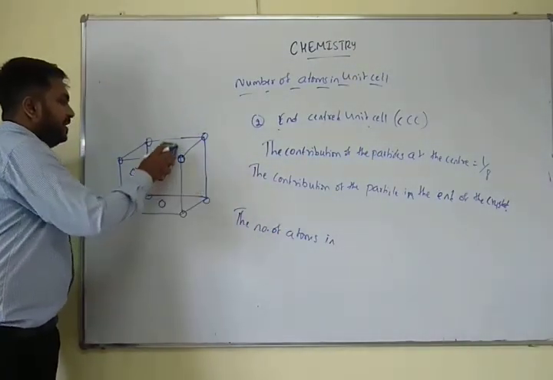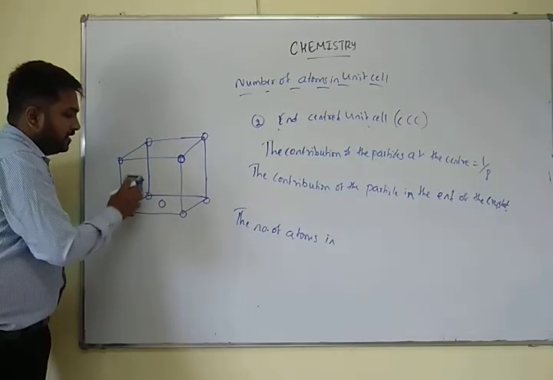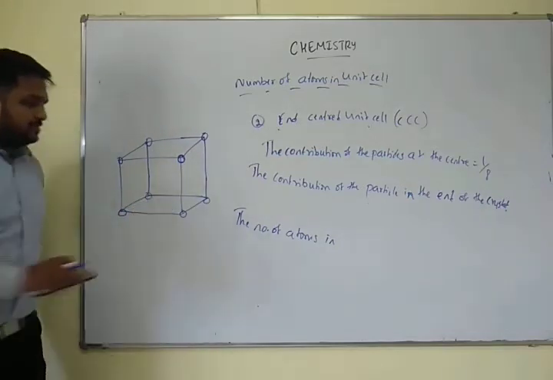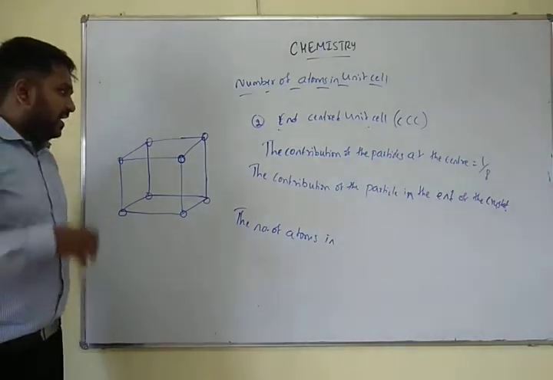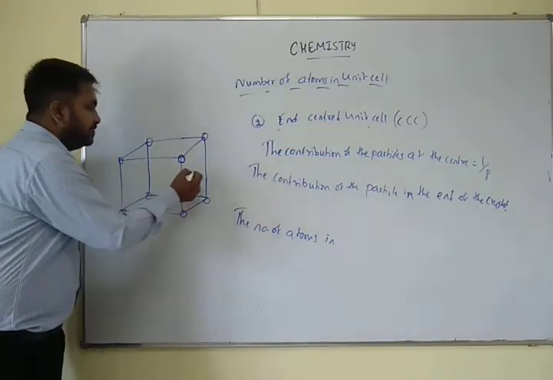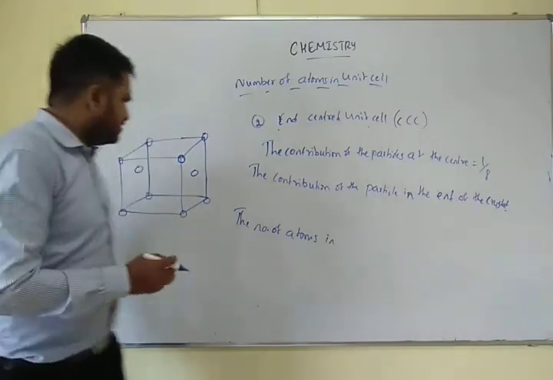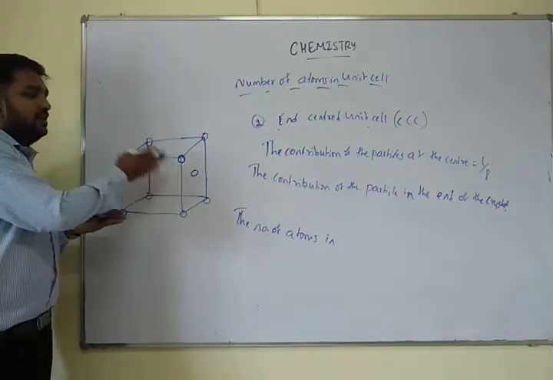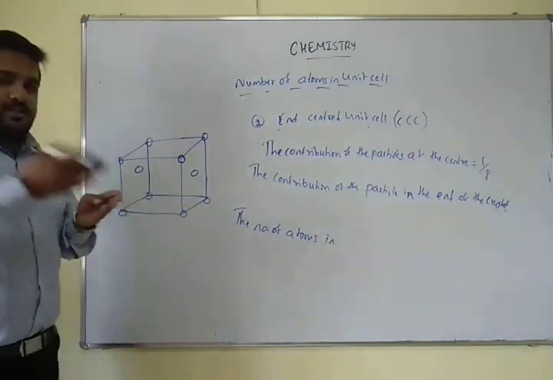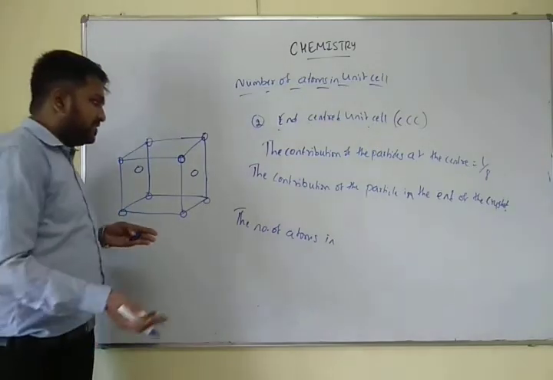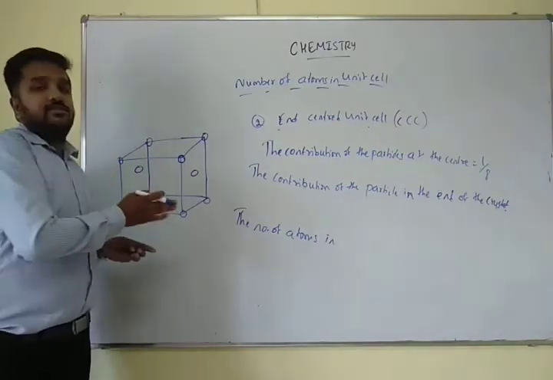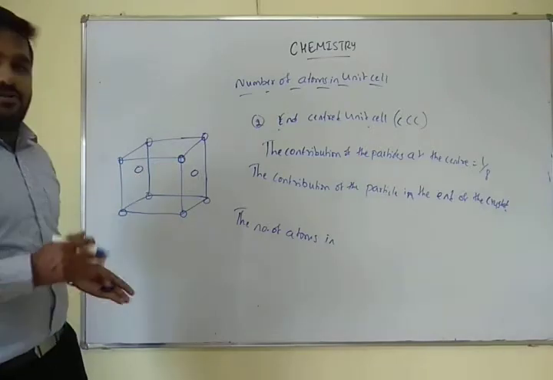It is common that we will have the particles in the corners. It is fixed, 8 corners, and in end center, in any of the 2 ends. Clear? Any of the 2 ends, only 2 ends. So now this is also the same thing. This particle will be shared by the unit cell which is there beside, so it will be considered as half of the particular atom.